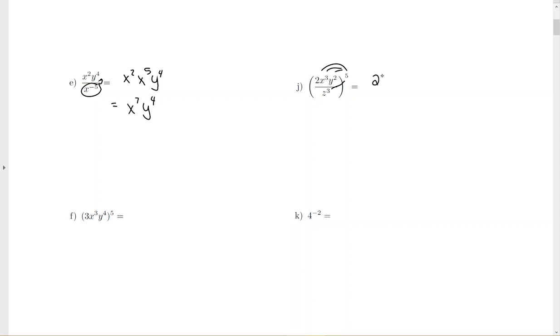So 2 to the 5th, x to the 15th, y to the 10, multiply powers, z to the 15, and then 2 to the 5th, it would be 2, 4, 8, 16, 32. All of the powers are positive, so you don't have to do anything beyond this.